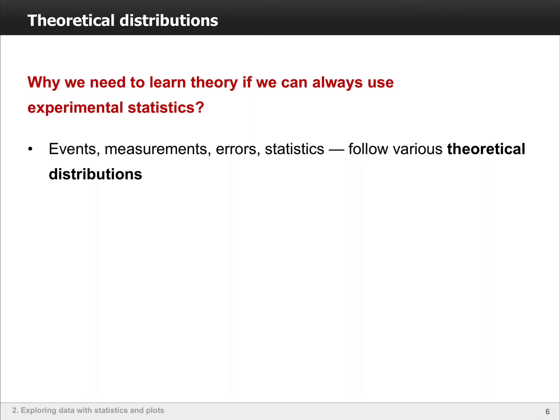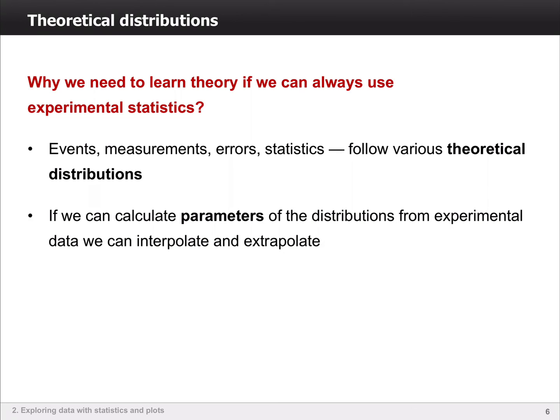They can be described by some theoretical laws, theoretical distributions. And then we can estimate parameters of these distributions from the experimental data we have, and then we can use this to interpolate and extrapolate, to describe what's going on, to find different intervals and compare different data sets. This approach is called parametric statistics, and most of this course will be devoted to the parametric methods.